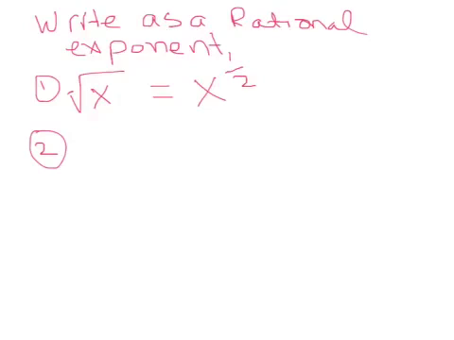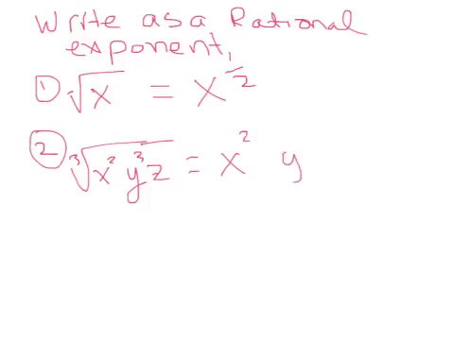If I have, let's say, the cube root of x squared, y to the 3rd, z to the, just z, it will actually become the 2, the 3, the z will be the same, just keep in mind z is to the 1st, and my 3 here will become the denominator.